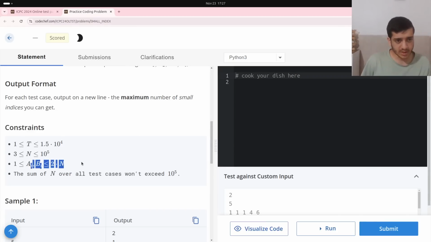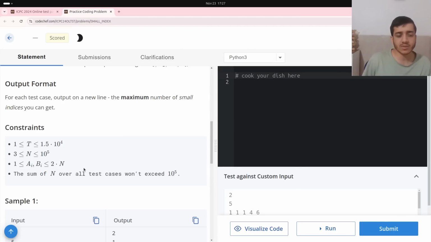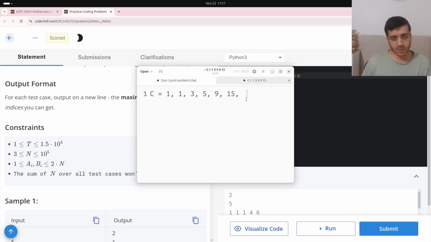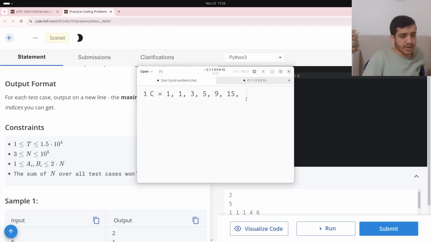So the sum of these two last elements passes 2 times n, and everything you put will become a small index. So small indices are super near to n actually. It can be an important fact in solving our problem.